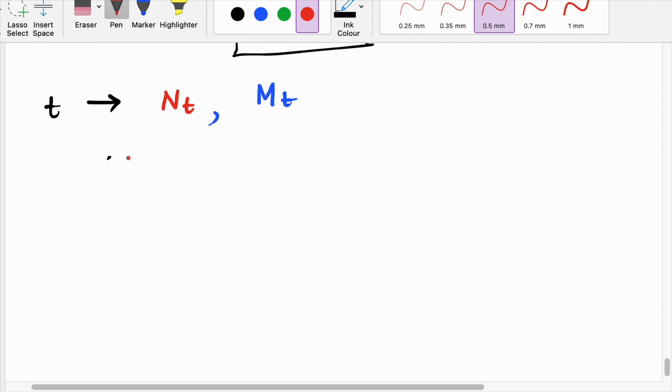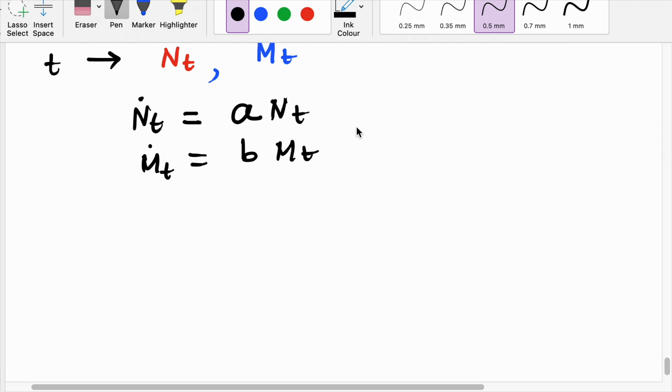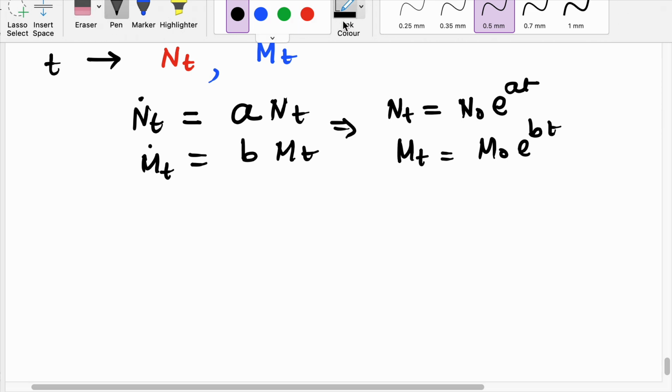Then we can write two differential equations: n dot equals a n, and m dot equals b m. This is a simple equation because there is no relation between these two terms, so the solutions will be n(t) equals n0 e to the power at, and m(t) equals m0 e to the power bt.